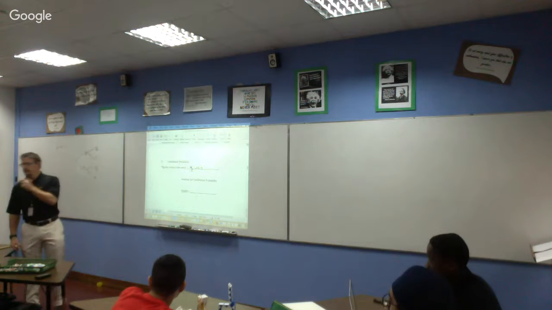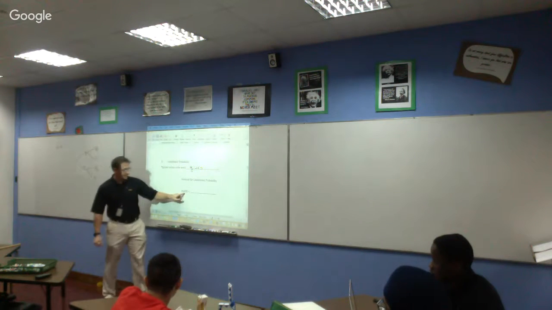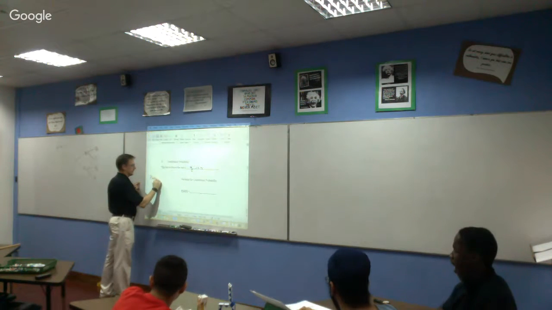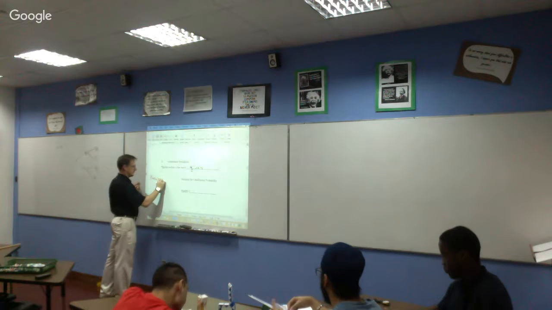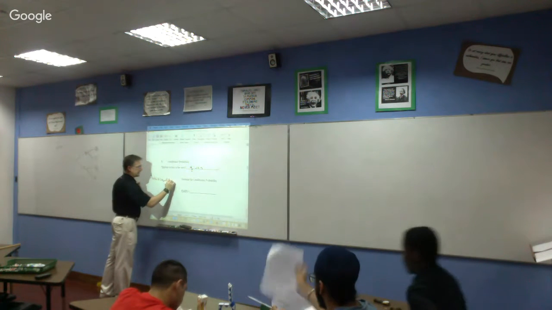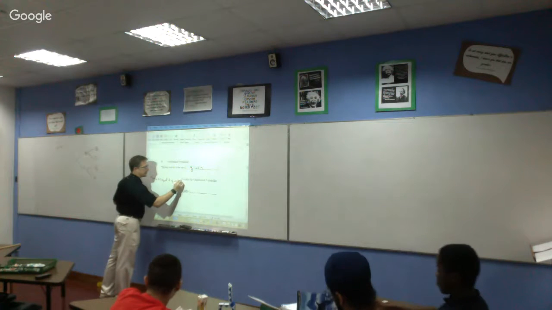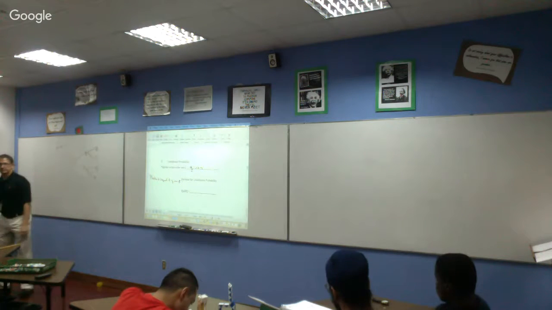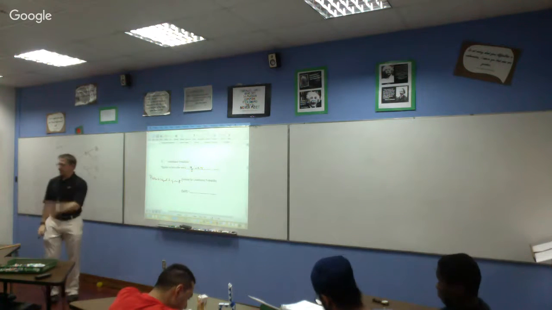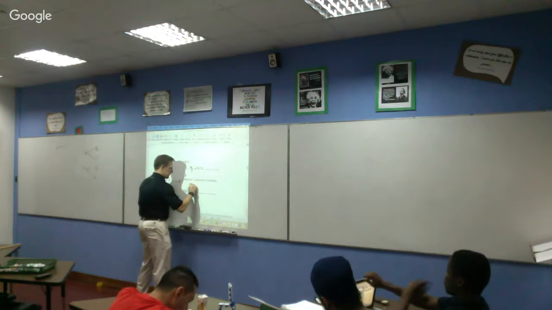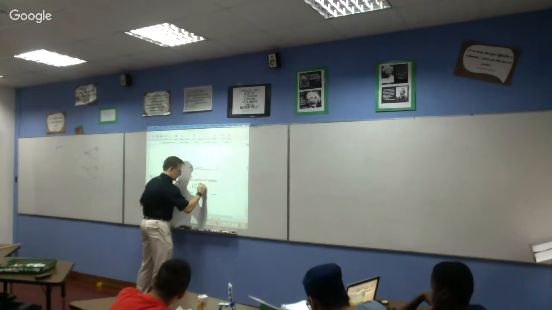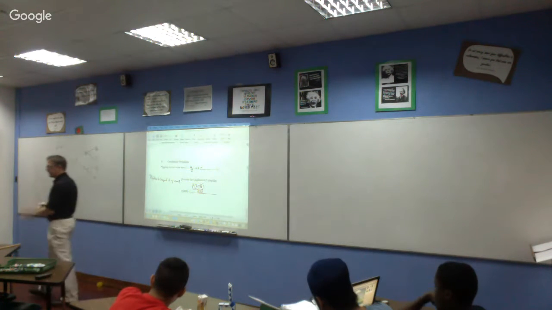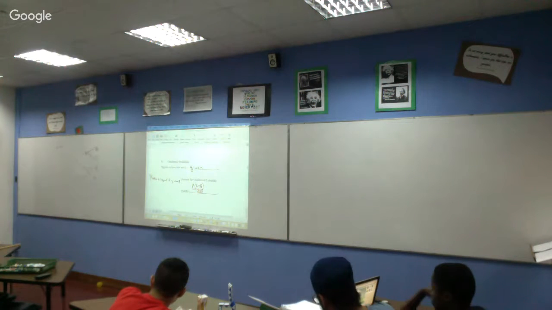The way that we write this is the probability of A given B. So the probability of A given B is found by finding the probability of the intersection divided by the probability of B.